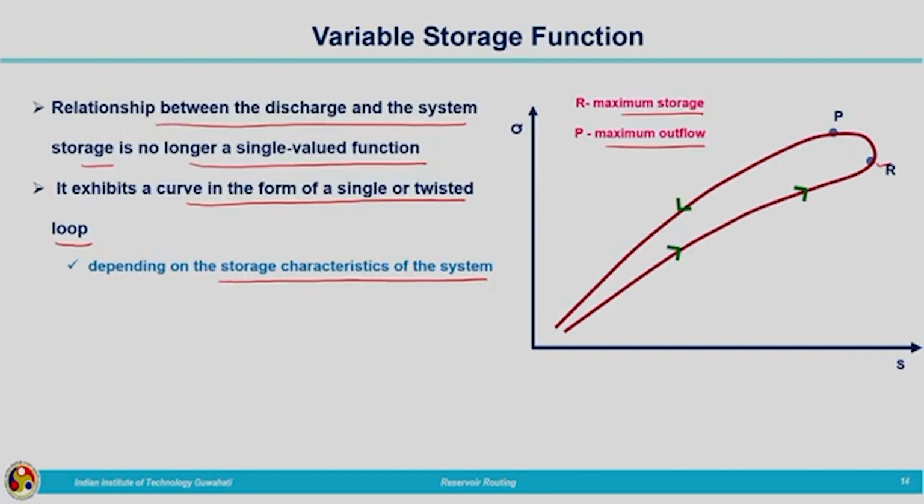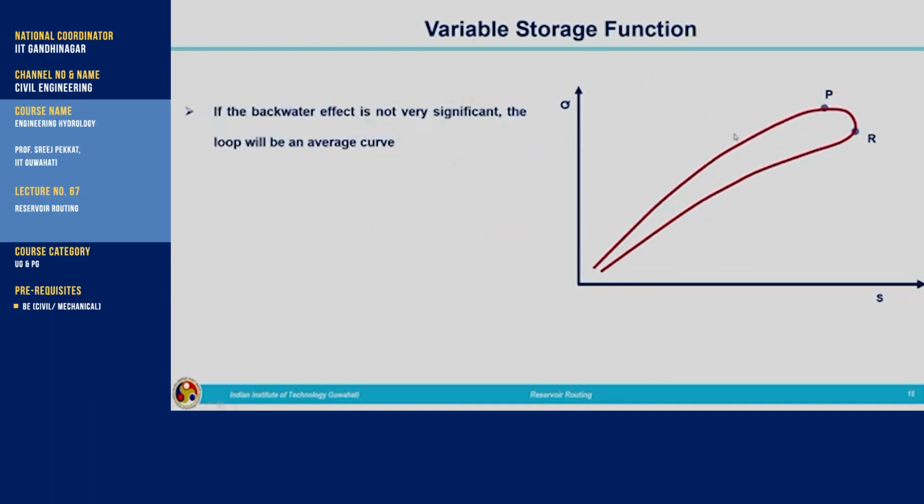Sometimes it can happen that the effect of backwater may not be that significant, and the loop can be averaged by means of an average curve. Instead of making use of the twisted loop, we can average it. The ends of the two loops will be coming closer, and they can be averaged to get a single curve.